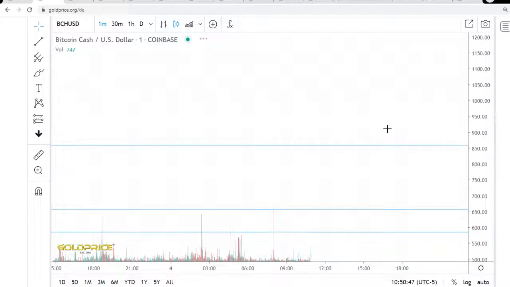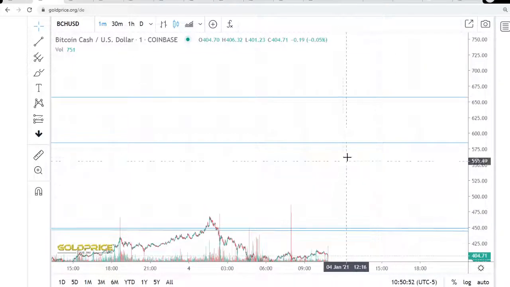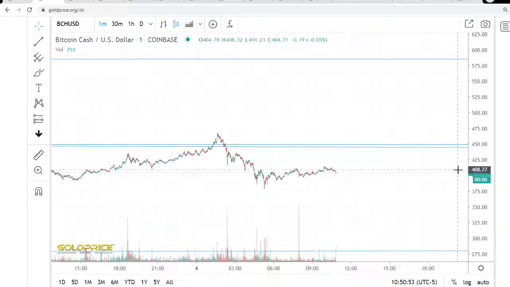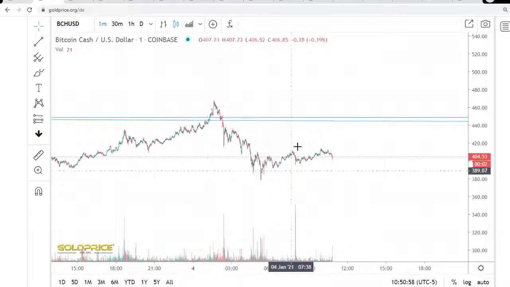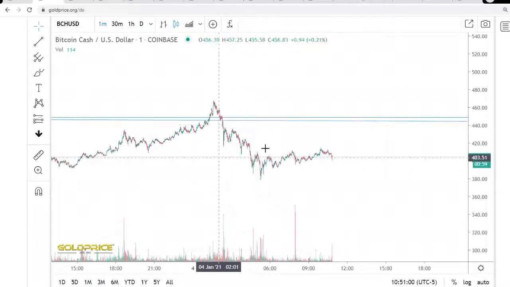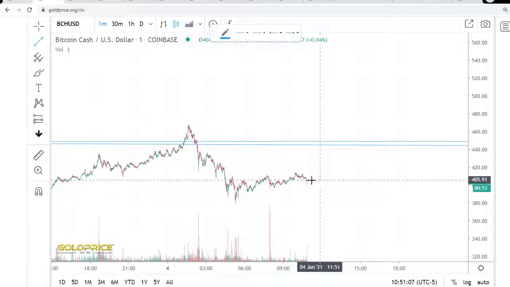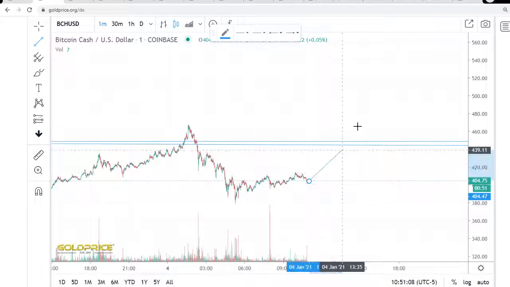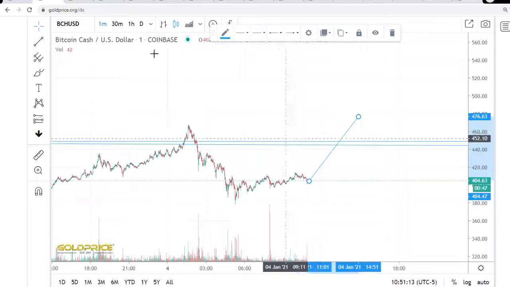I want more information about this. The last minutes, yeah, the last minutes you can see here. You can see we have negative signs, but I think we have the power to go once to the top side, something like that, that we go to 470.